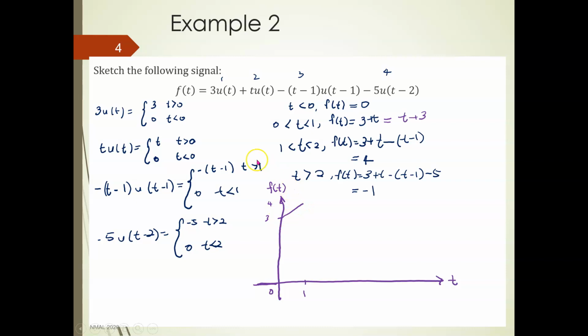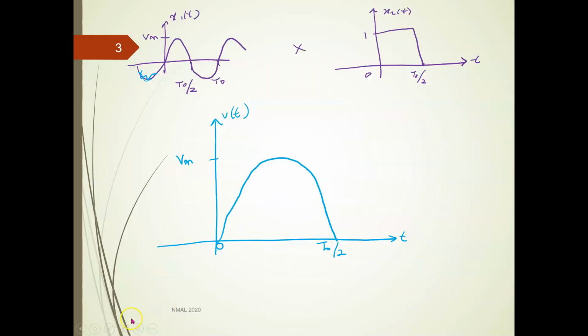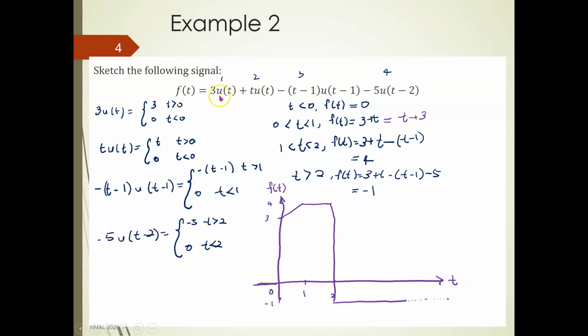And then from 1 to 2, the signal maintains at 4. After 2, the signal goes to negative 1, and it will stay at negative 1 forever, so I draw it like this and it doesn't stop. Basically this is the signal f(t) that you have plotted based on the superposition of several signals.